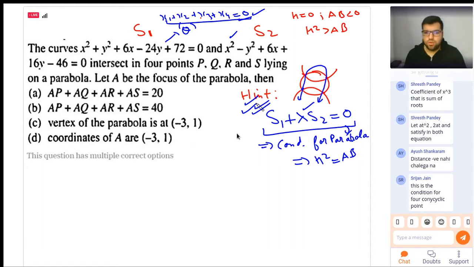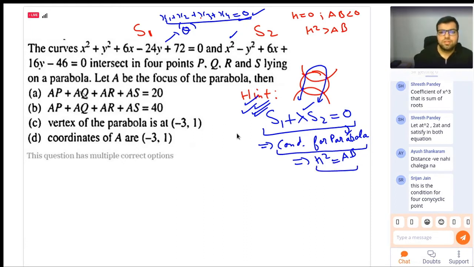Okay students, let us solve by this method. So I asked you to do this. Let the equation be S1 plus lambda S2. For the condition for parabola, we have to put h square equal to AB. So let us do it by this method. S1 plus lambda S2, the curve will become (1 plus lambda) x square plus (1 minus lambda) y square, I am just writing S1 plus lambda S2, considering this is S1 and this is S2.